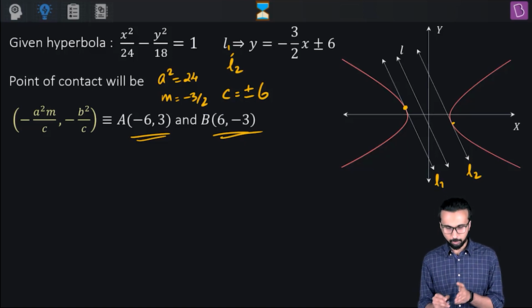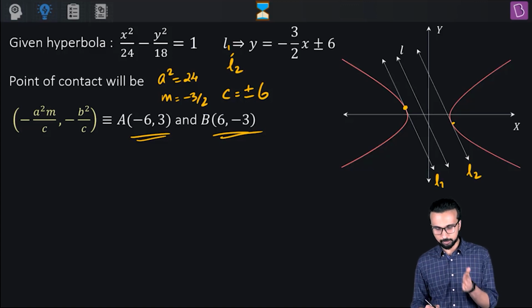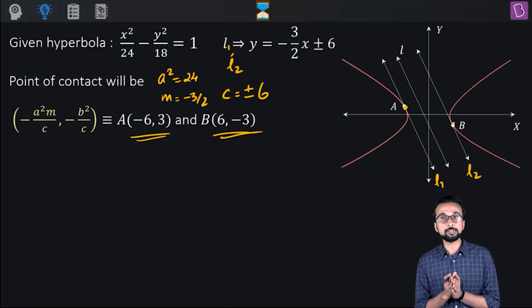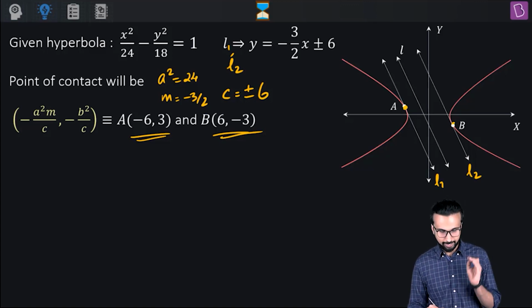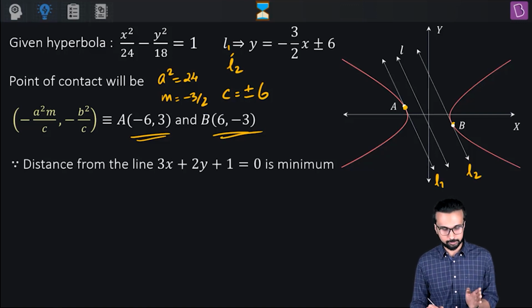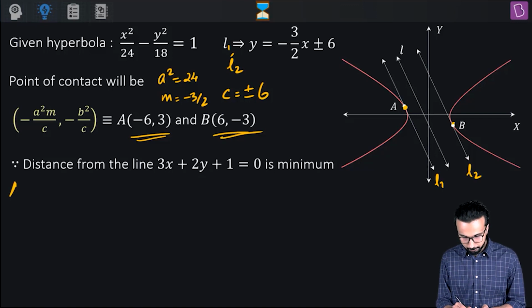Now the question changes to which of these points would be closest to this line L. All right. So, for the line 3x plus 2y plus 1 equal to 0, the distance should be minimum. So, from point A to the line L, what is the distance?